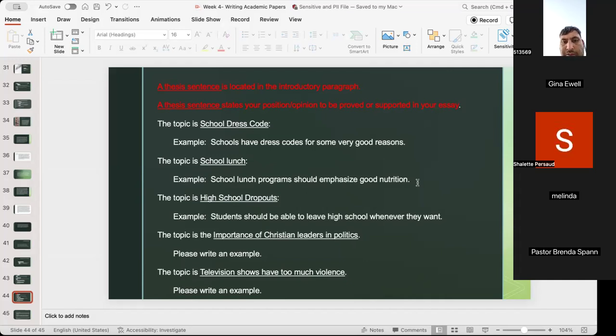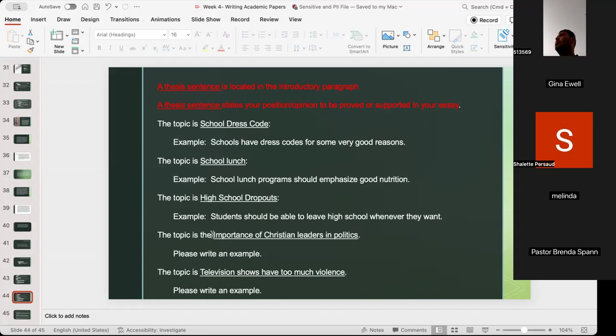And for high school dropouts, students should be able to leave high school whenever they want. I'm not sure I agree with that either, but the essay would be about the reasons why students should be able to come and go from high school.